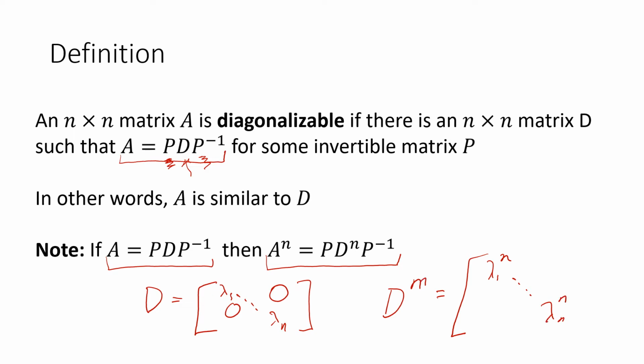I shouldn't use n, I should use m, lambda n raised to the m, just use different variables. Taking a number and raising it to a power is a lot easier than taking a full non-diagonal matrix and raising it to a power. We can get this power very easily where A to the n is hard to calculate. But notice how many fewer calculations we have in here. Especially if you have large matrices or your power is very large, if it is diagonalizable, you can raise it to a power much easier.